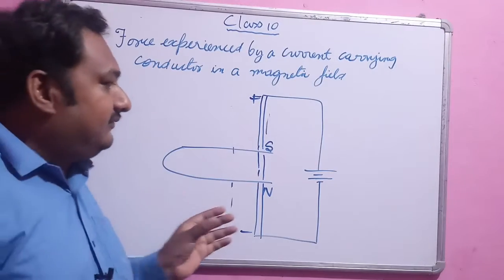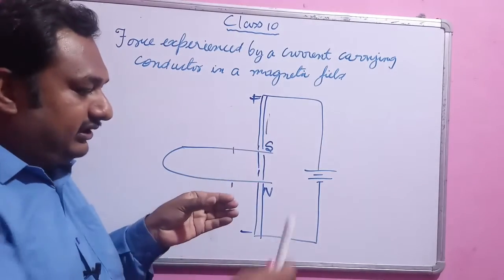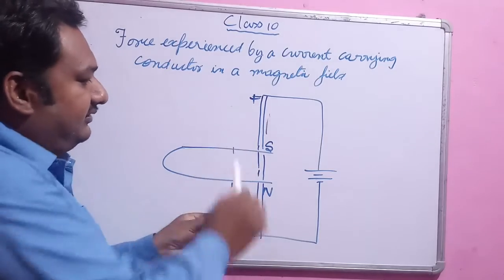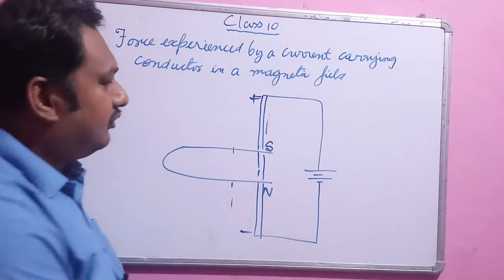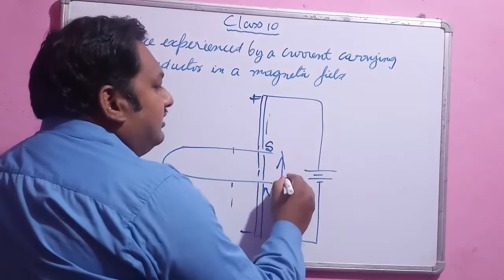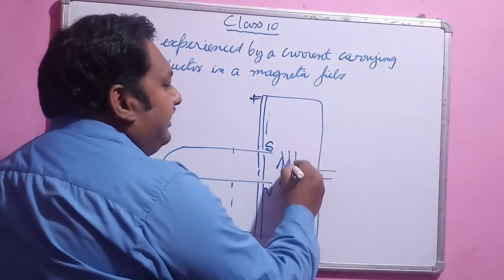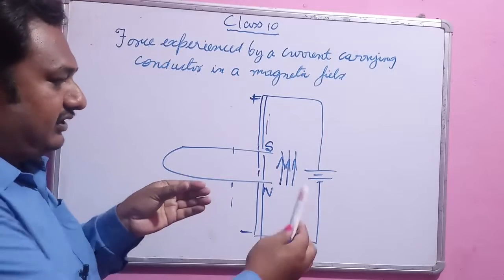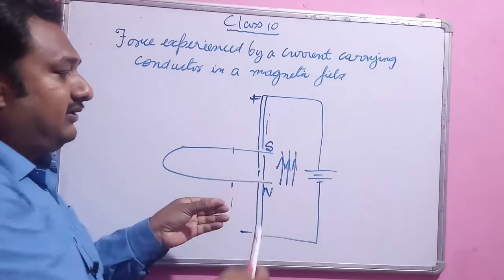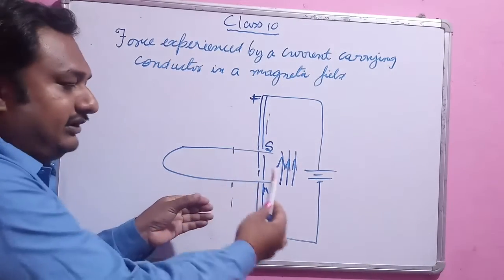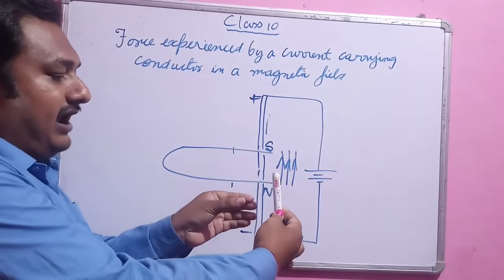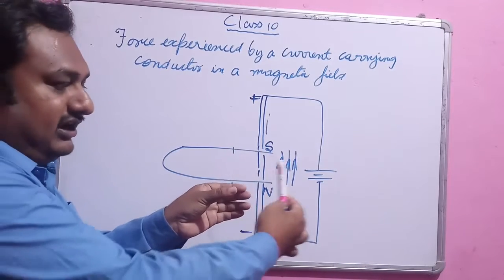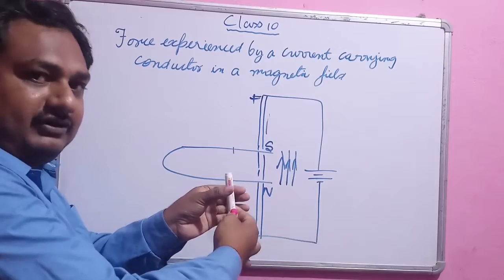So what happened, whenever the current is flowing through this conductor, because we know that here the magnetic field of the horseshoe magnet is directed upward. So when the current is flowing through this conductor, the magnetic field of the horseshoe magnet applies a force on this conductor, and it gets shifted toward left.